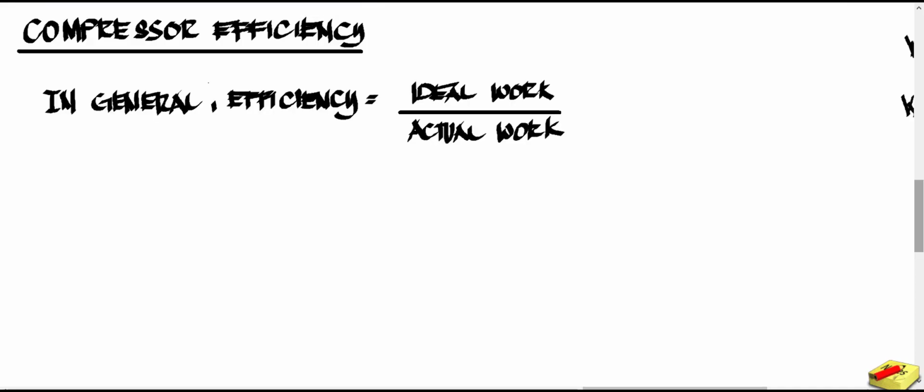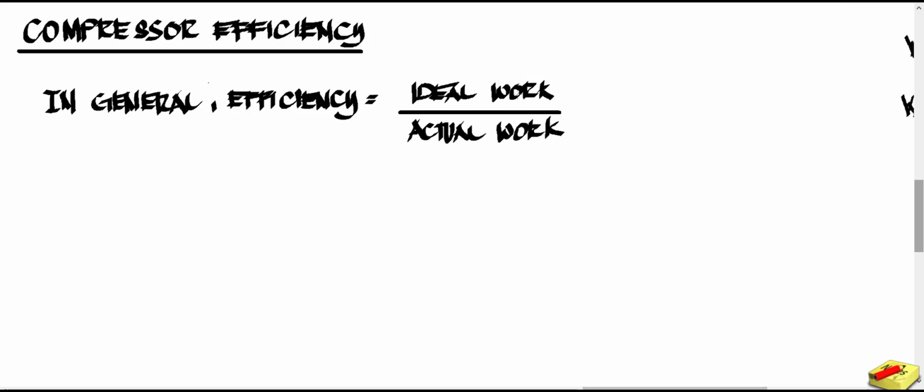Compressor efficiency. In general, the efficiency of the compressor is the ratio of the ideal work, which is the one being calculated, divided by the actual work.